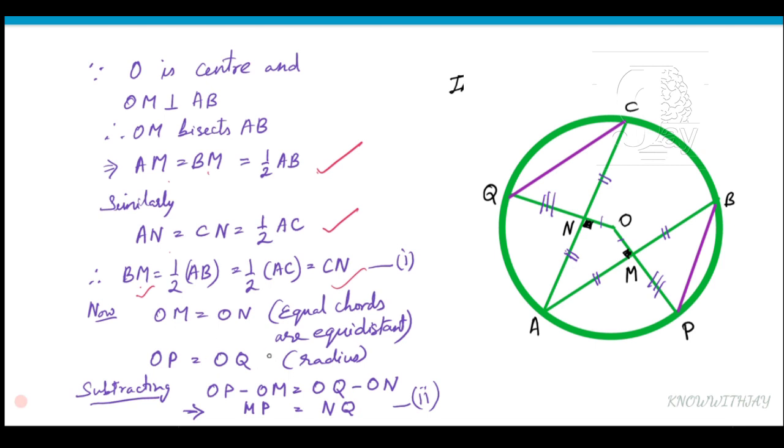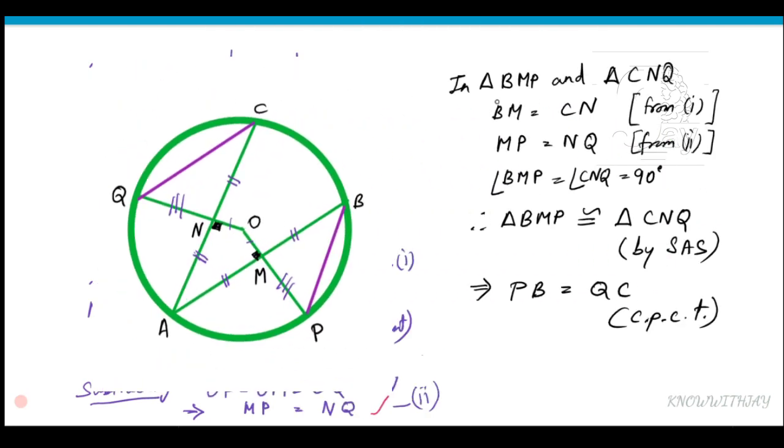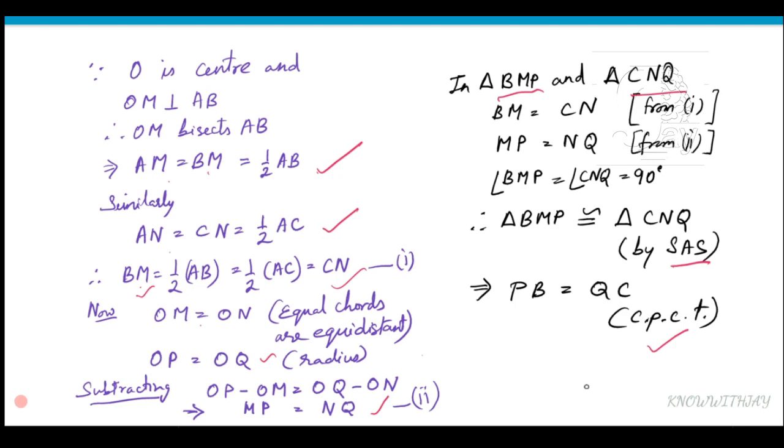Similarly OP and OQ are equal because they are the radii, and OM and ON are equal because they are the distances of the equal chords from the center. Subtracting, we get MP equals NQ. Now if we see the triangles BMP and CNQ, we can prove them congruent by SAS, and thus PB equals QC by CPCT, corresponding parts of congruent triangles.